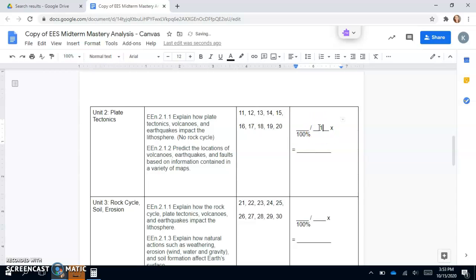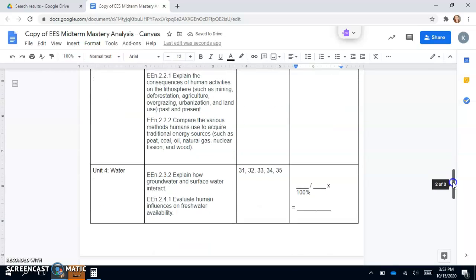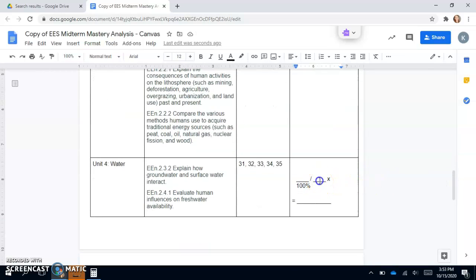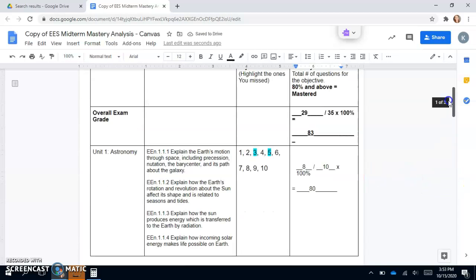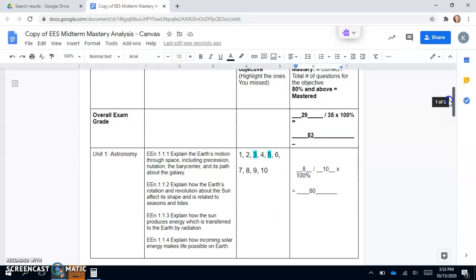So for each one, there's 10 in here. There's 10 questions for unit 2. There were 10 questions for unit 3. And then finally for water, since we're not all the way through our water unit, there were only 5 questions, okay?